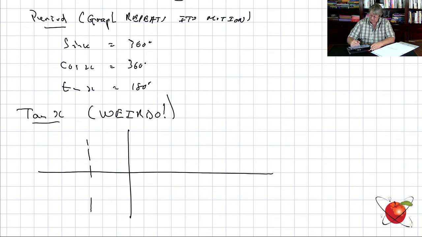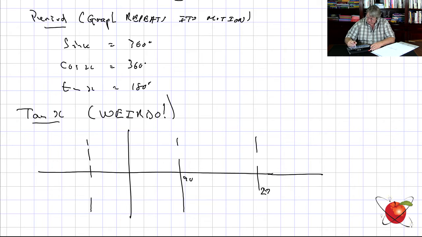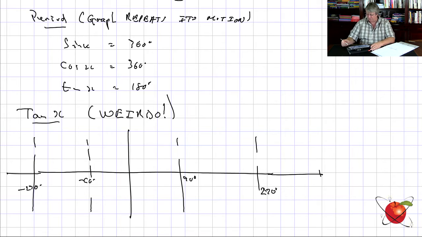Why? Because tan x looks something like this. We said we went from 90 and over here 270. Let me just try and slow down a little bit. 270 degrees, minus 90 degrees, minus 270 degrees, and here we've got our 360.